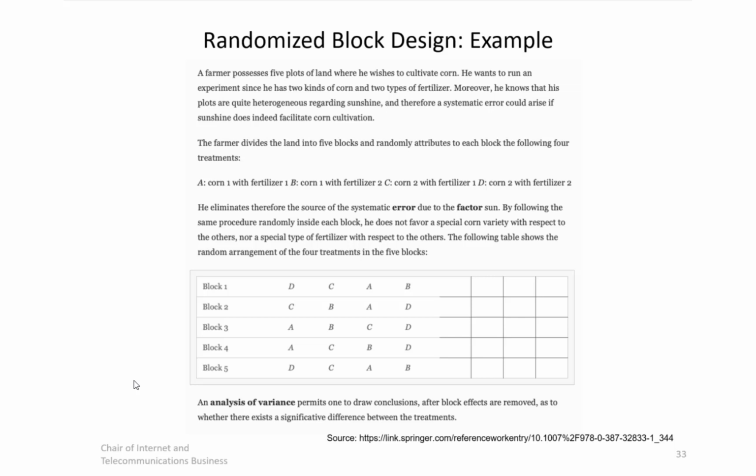Suppose the farmer has 5 blocks, he can divide each block into 4 different segments where you can interact the corn and fertilizer together, A, B, C, D, and then look at how the changes occur across the different blocks. What you do is you remove any other idiosyncratic shocks that might be because the blocks are different types, with different sunlight, different rain or anything. Okay.